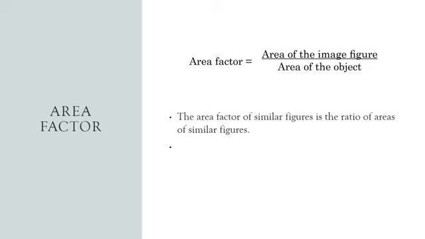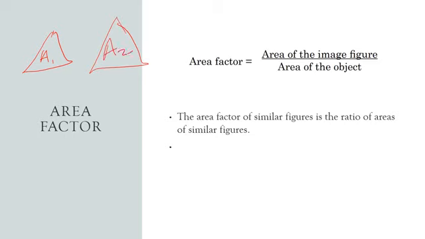Let's look at another factor today, which is the area factor. The area factor is basically just a ratio of areas of similar figures. You may have two figures as shown. You may have figure 1 which has area A1, and a similar figure 2 which has area A2.